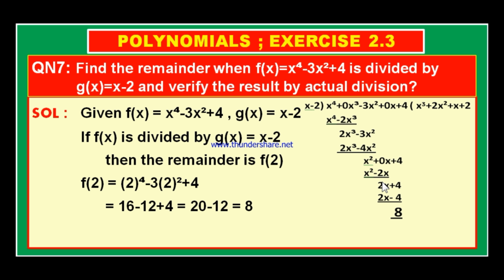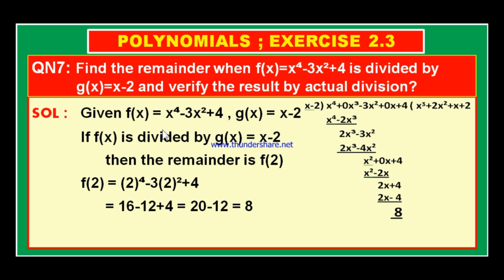Again divide the first term by the first term. 2x by x is 2. Now 2 into x is 2x, and 2 into minus 2 is minus 4. If you subtract, plus 2x and minus 2x will get cancelled, and this is plus 4. Minus of minus 4 will also be plus 4. 4 plus 4 is 8.